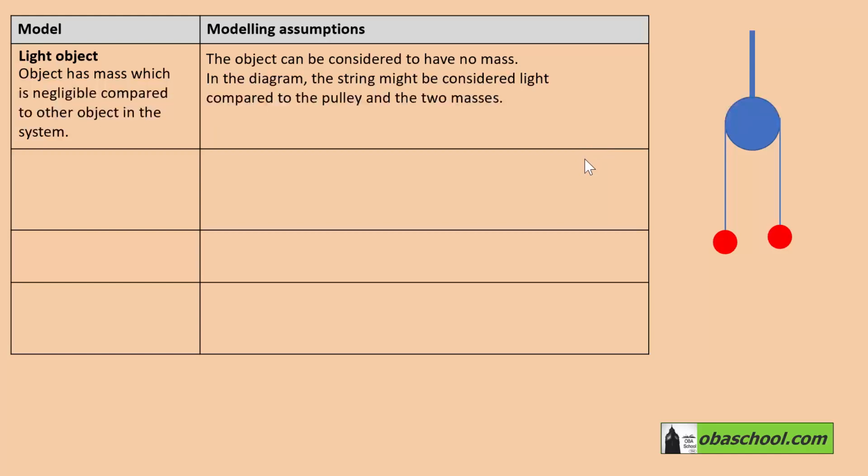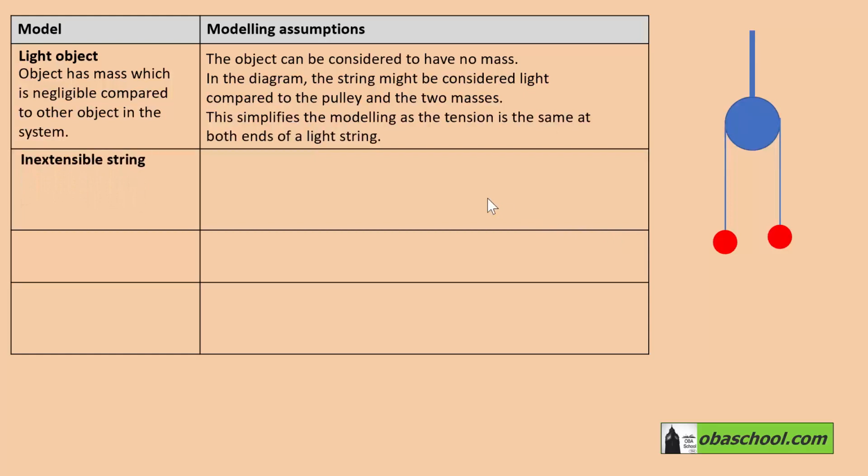In the diagram, the string might be considered light compared to the pulley and the two masses, although very often the pulley is considered light as well, as I mentioned. This simplifies the modelling as the tension is the same at both ends of a light string and throughout the string.